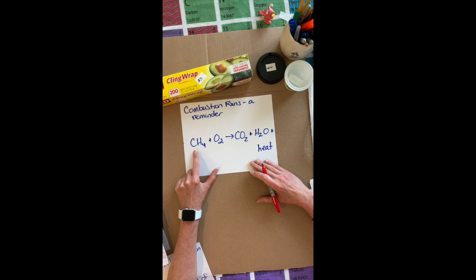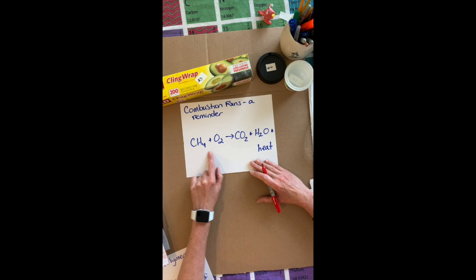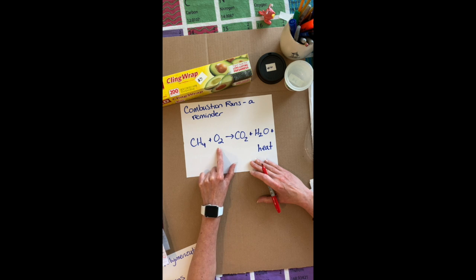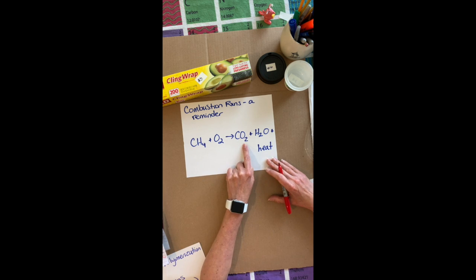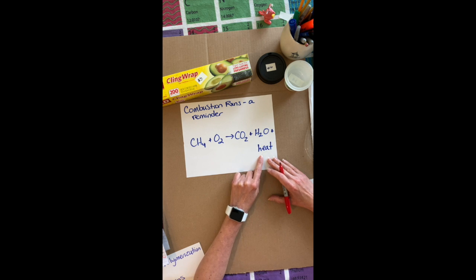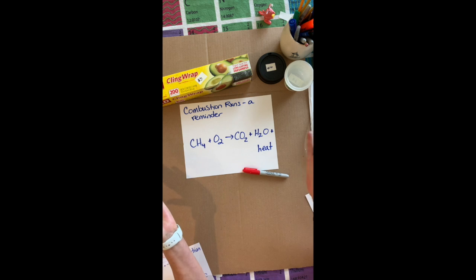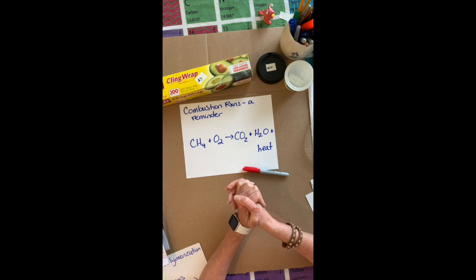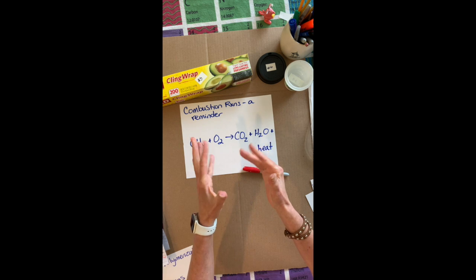Could be butane too, but these alkanes can be burned in the presence of oxygen to produce carbon dioxide and water and lots of heat. And that concludes our lessons on organic chemistry. Bye.